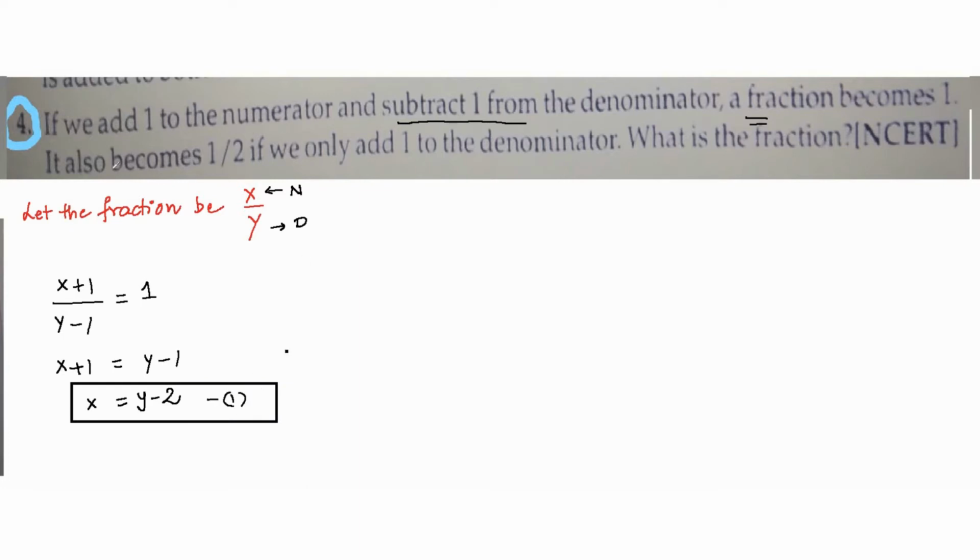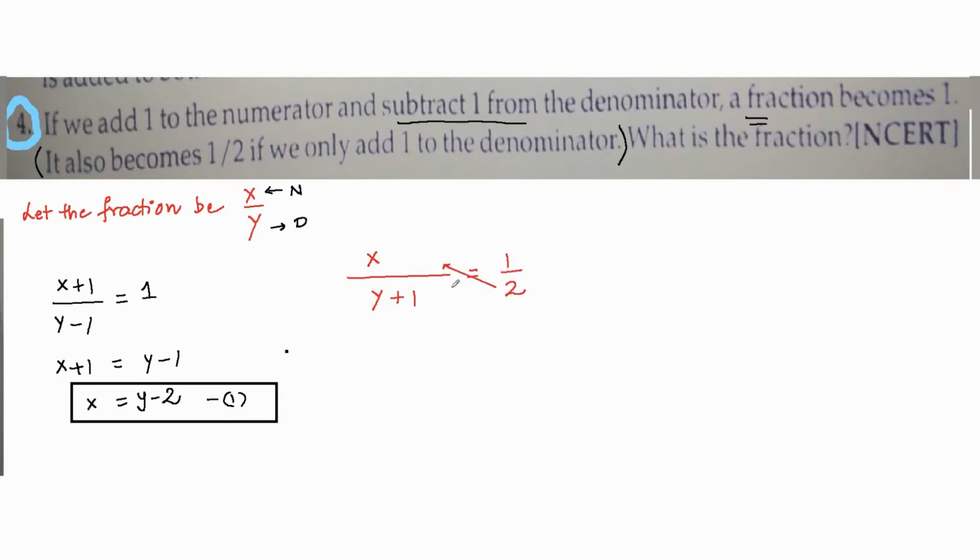Then what is the second condition? It also becomes half if we only add 1 to the denominator. So what I mean by that is, the numerator is still x, and if we add only 1 to the denominator, that is make it y plus 1, then this fraction becomes half.